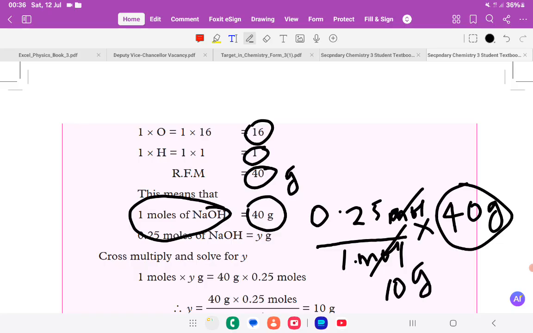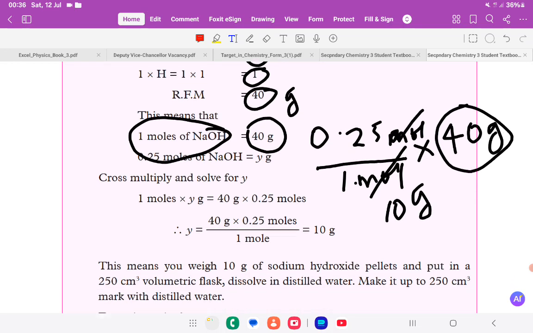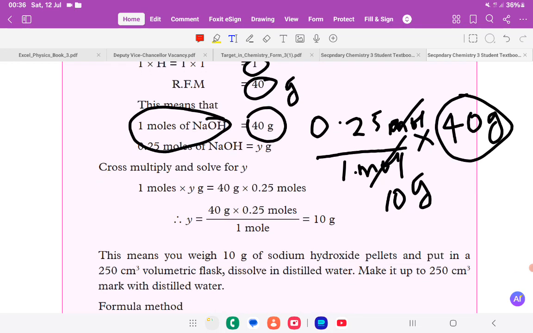So we need 10 grams of sodium hydroxide to dissolve in 250 cubic centimeters of water. And remind you, the water needs to be distilled. Distilled water, pure water.